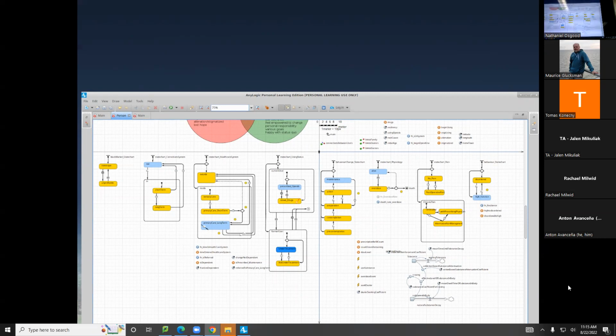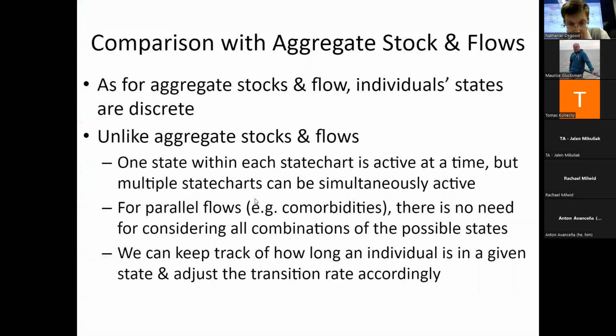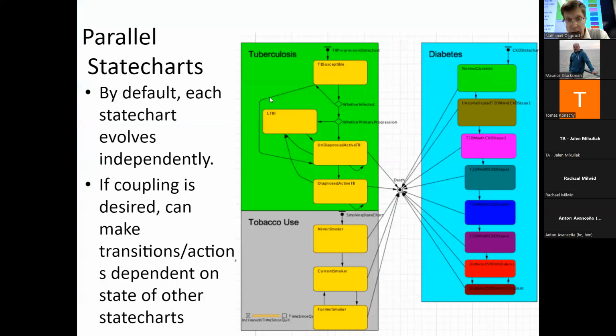When we do this, it's important to recognize that for each state chart, a person will be in one of these simple states. So if we had multiple state charts at the same time, maybe this one, for example, with TB, diabetes, and tobacco use, a given person at a given time might be in latent TB.